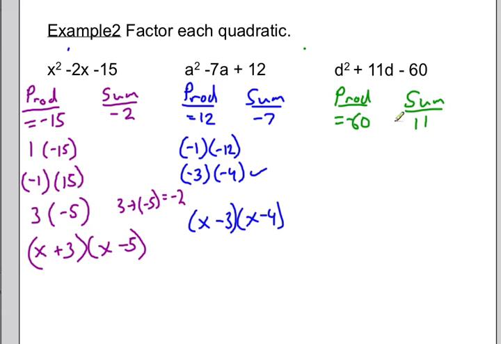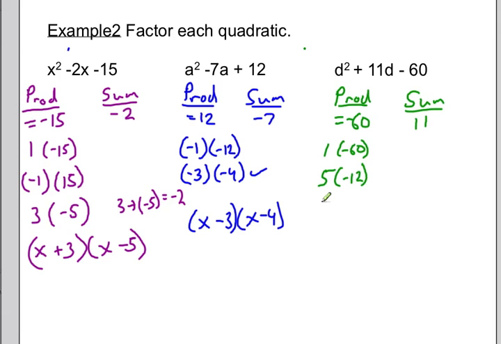We could try 1 and negative 60, but you're not even going to get close to 11. To get close to a sum of 11, we need numbers that are closer together, like 5 times negative 12, but that's not even close to a sum of 11.